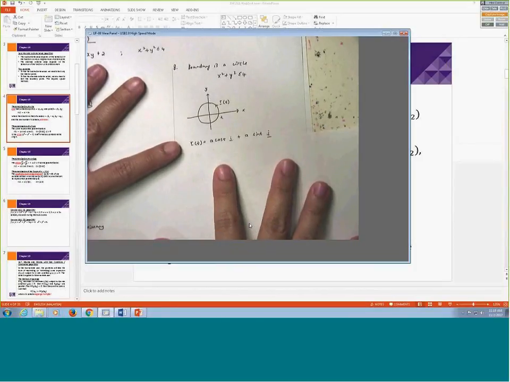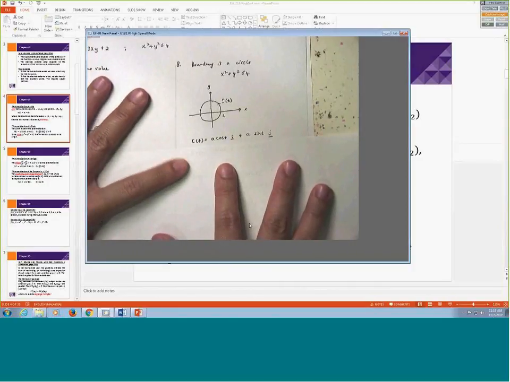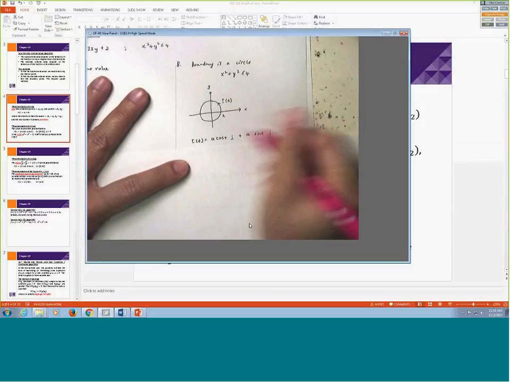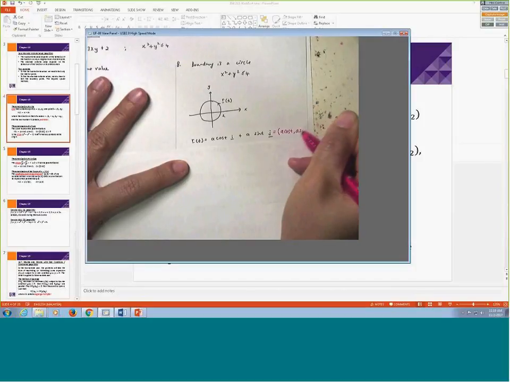So r(t) = a cos t i + a sin t j. You should remember this; you can represent it in this form, putting in i and j or putting it in brackets, it's the same.